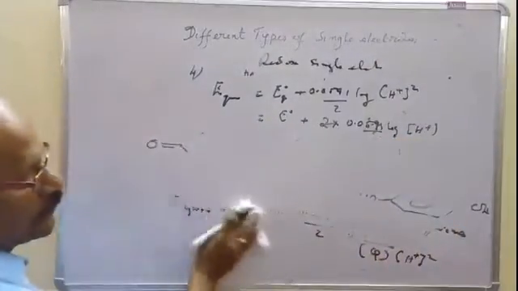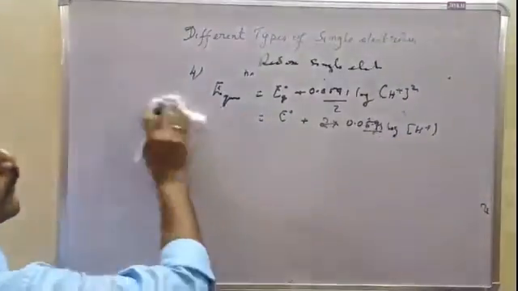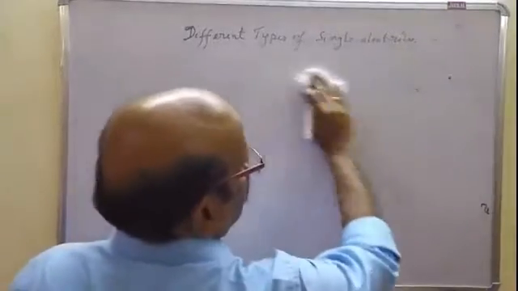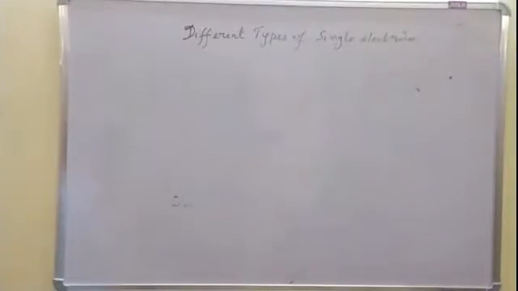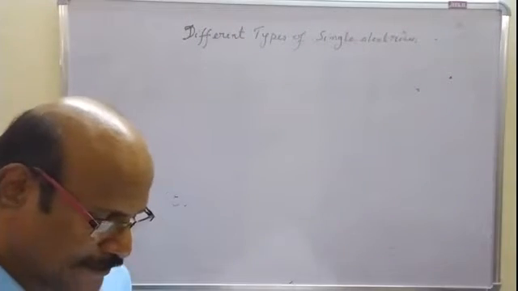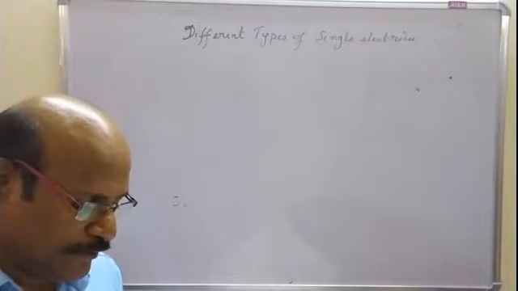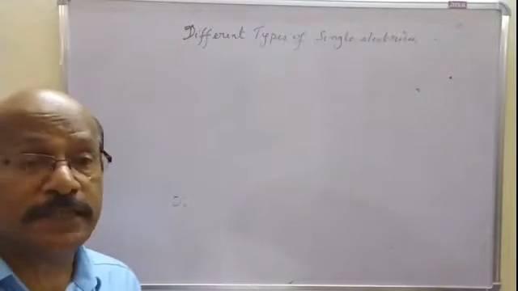So it is an electrode that is reversible with respect to H plus ion. It is a typical example of various types of electrode. So I have explained this. Now we have to pass on to the reference electrode.